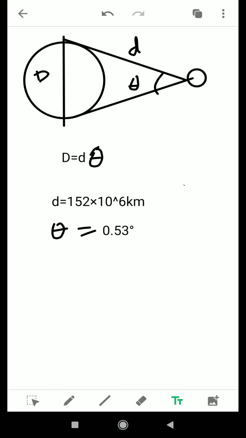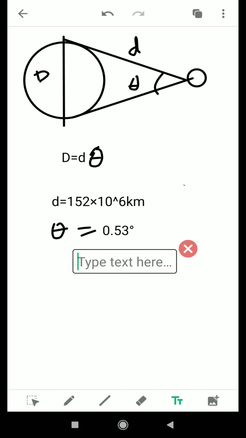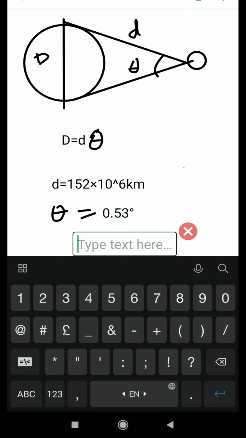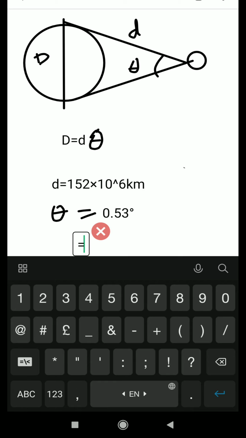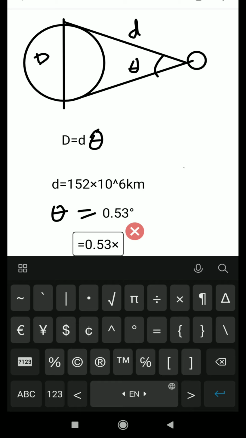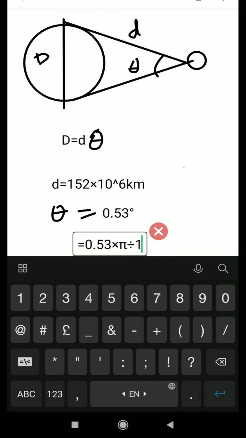So first you find out the angle in radian. We all know that 180 degree is pi radian, so 1 degree is pi by 180 radian, so 0.53 degree is 0.53 into pi divided by 180.